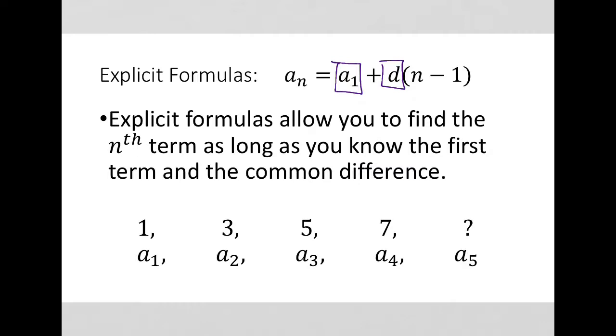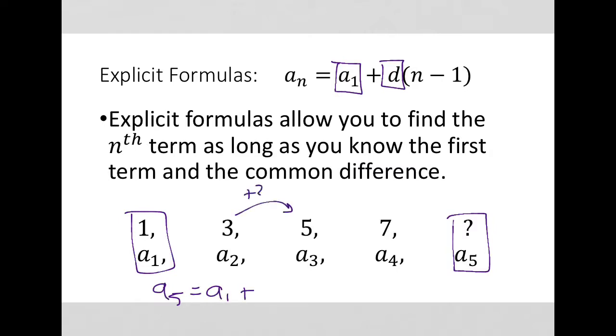So, since we know the first term, a sub 1, we could find the fifth term, a sub 5, by saying a sub 5 will equal the first term, a sub 1, plus the common difference, which again, 5 minus 3 is 2, times n minus 1. And n is 5, the fifth term, 5 minus 1, right there.